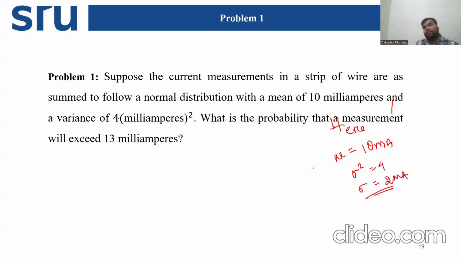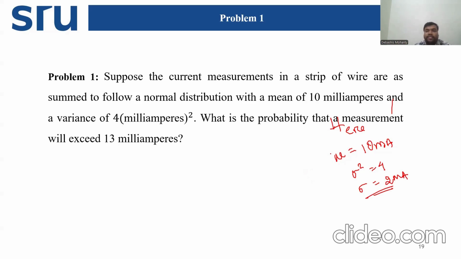So from this question, we gather the information about the mean, mu equals 10 milliamperes, and the standard deviation, sigma equals 2 milliamperes. Now we have to understand what the question is asking. What is the probability that a measurement will exceed 13 milliamperes? That we need to calculate now.